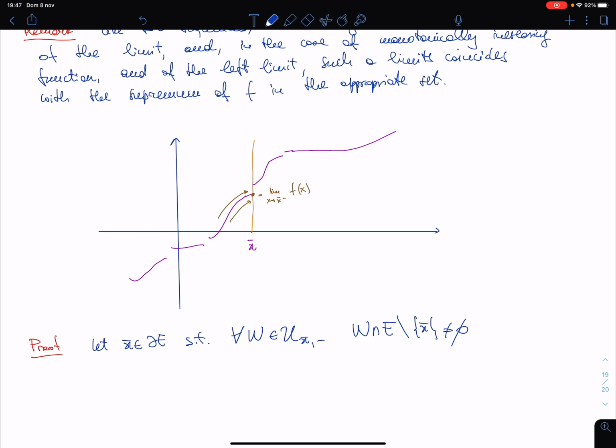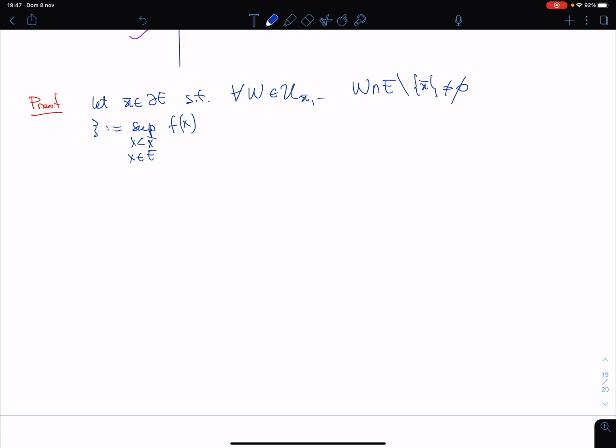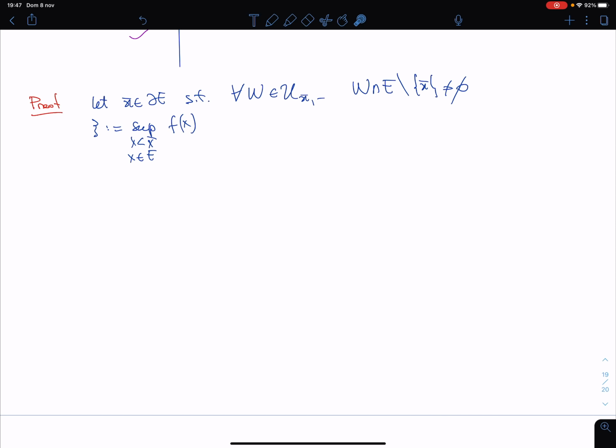And consider xi, call xi the supremum of f for x less than x bar, x in E. The supremum is meaningful because there are points of this kind, since every left neighborhood of x bar hosts some points of it.